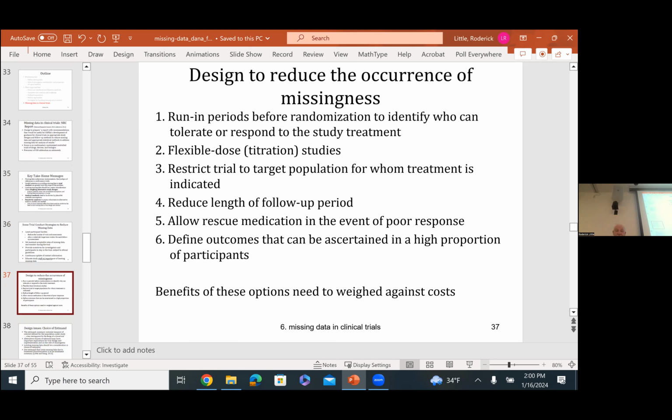Design to reduce missing data: run-in periods before randomization, flexible dosage so people don't drop out because of side effects, restrict the trial to the population for whom the treatment's indicated, reduce the length of side effects so people are less likely to drop out, allow a rescue medication to keep people in, and define a population that can be ascertained in a high proportion of participants, for example. And there's more on that.